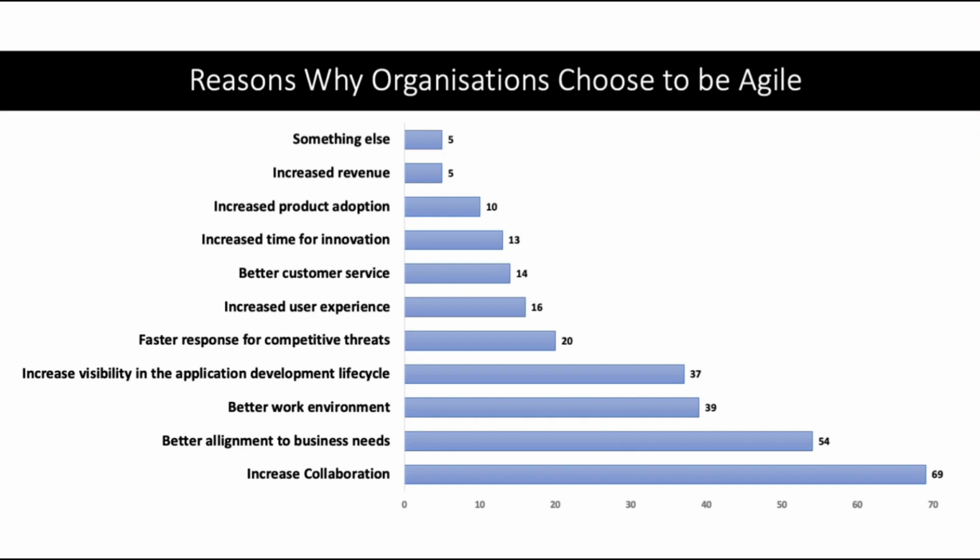Is it not in the list? What else? Anyone? Or maybe the other question I would ask is, are these good enough reasons for you to adopt agility at the workplace?